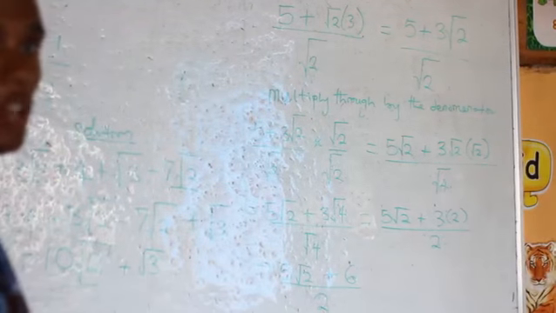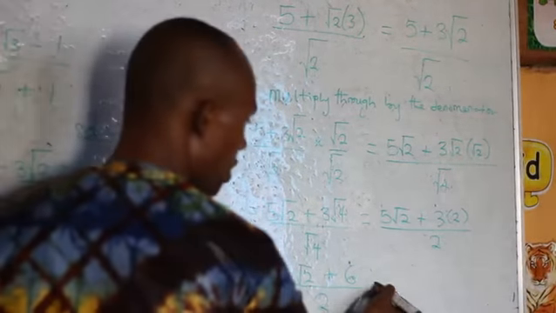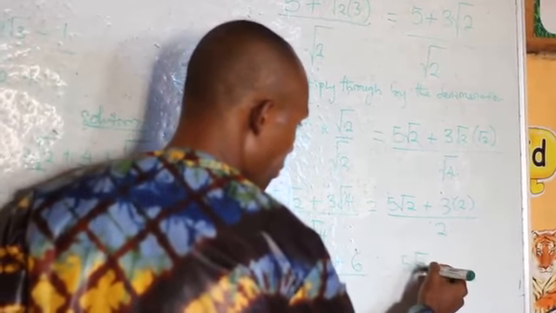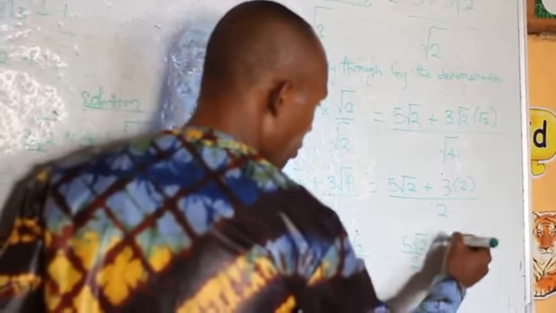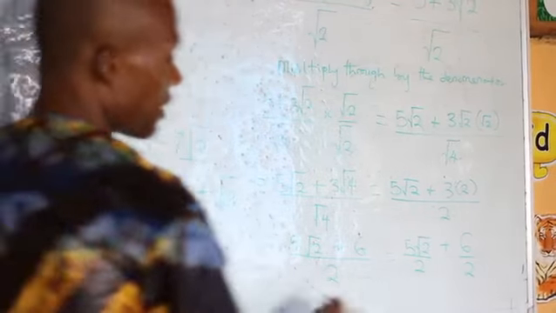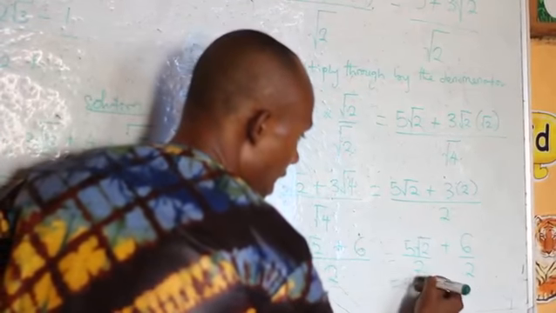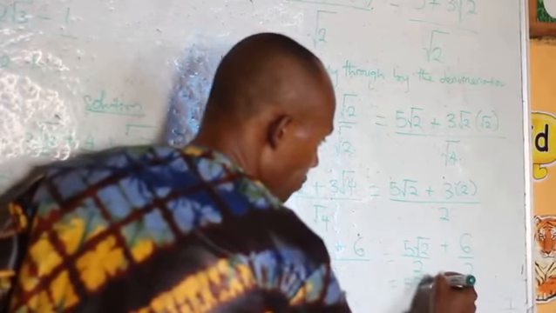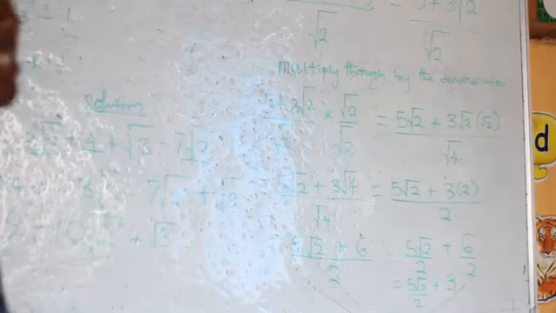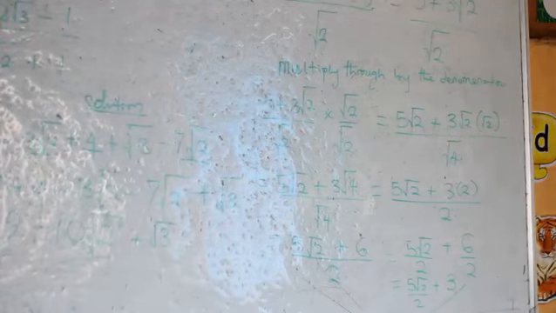Can we simplify further? Yes. We can split this into 5 root 2 divided by 2 plus 6 divided by 2. This will give us 5 root 2 over 2 plus 3. That's our final answer.